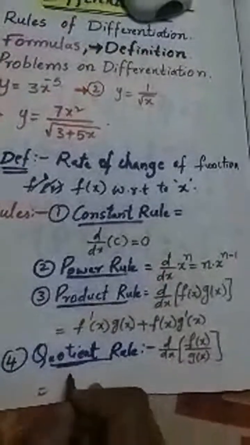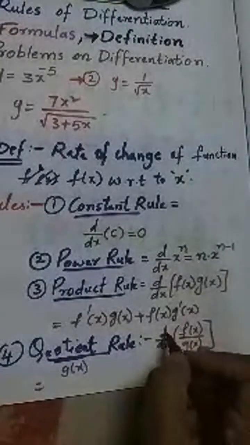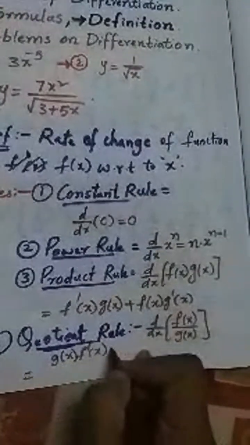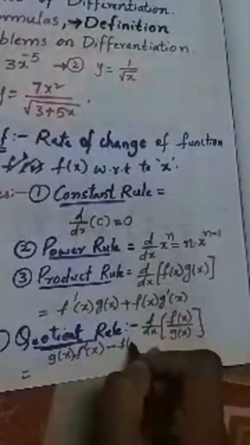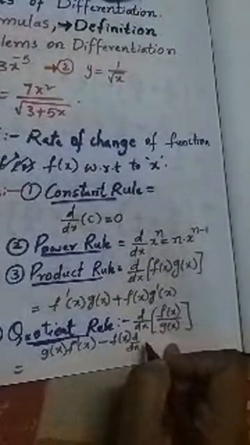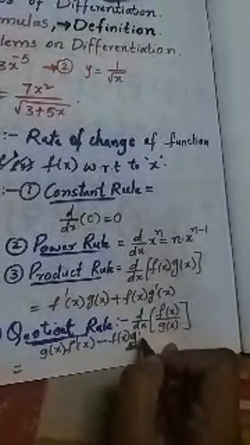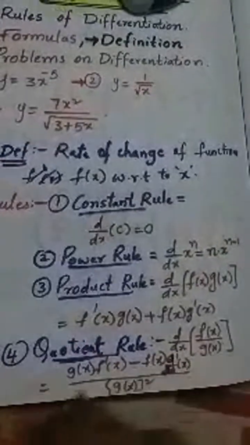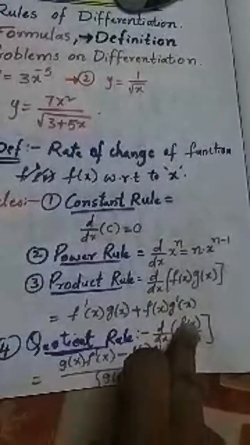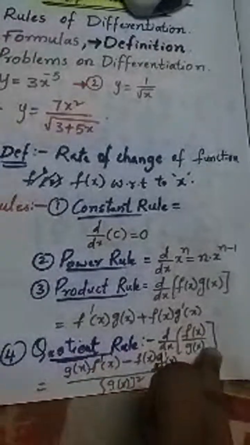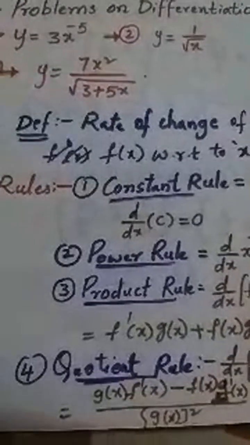Taking g of x in the numerator, we do d by dx of f of x, that is f dash of x. Now minus f of x, keeping it in the numerator, we differentiate g of x, that is g dash of x, by denominator whole square. Like this: g of x into f dash of x minus f of x into g dash of x, by the denominator square, that is g of x whole square.